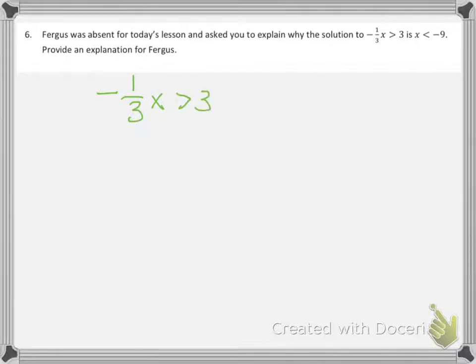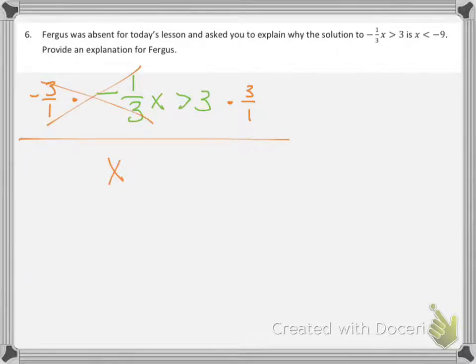What I would have to do to get the answer is I would have to multiply by the reciprocal of negative 1/3, which would be negative 3 over 1. And if I do that, I have to balance the equation and do that on both sides. So negative 3 over 1 times negative 1/3 gives me a positive 3/3, which is a positive 1x, or they cancel.